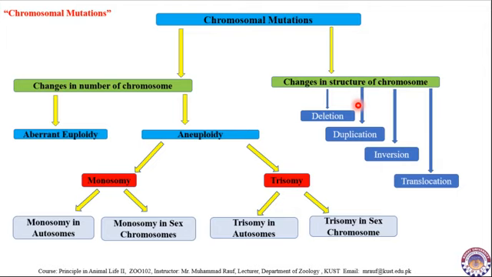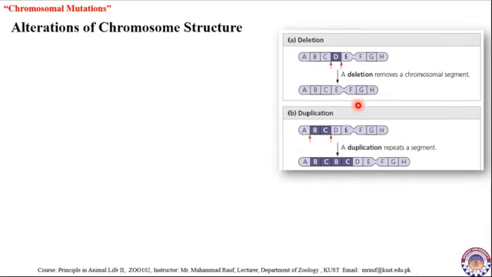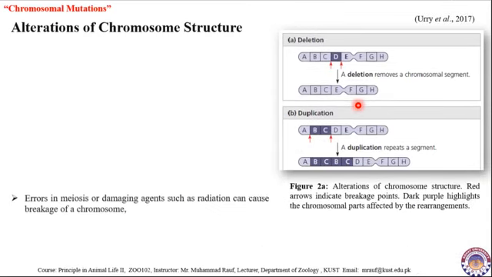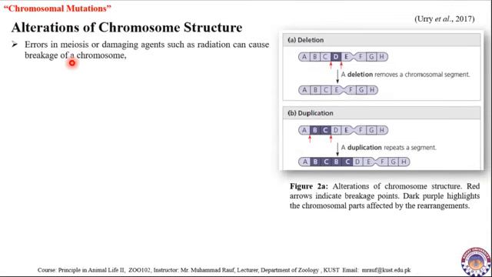So let's start. Changes in structure of chromosomes, or alteration of chromosome structure. Errors in meiosis or damaging agents such as radiation can cause breakage of a chromosome.